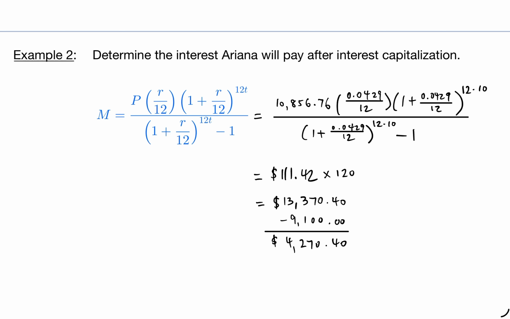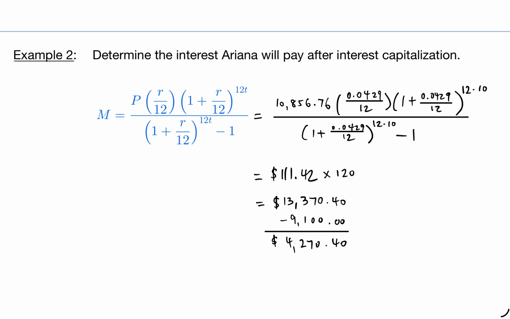Okay, so the key thing to recognize is that even though the monthly payment seems affordable, $111.42, there are two things going on that we need to be aware of. This payment is going to be made over 10 years. And we have a delayed interest payment, meaning that the interest was accruing during the 4.5 years.